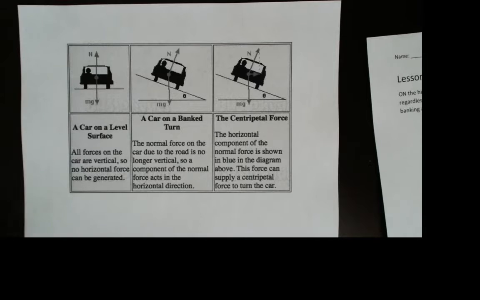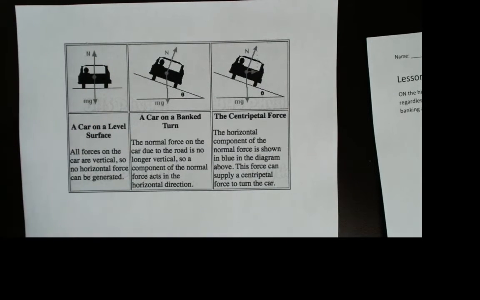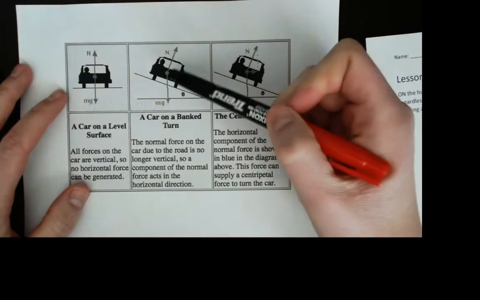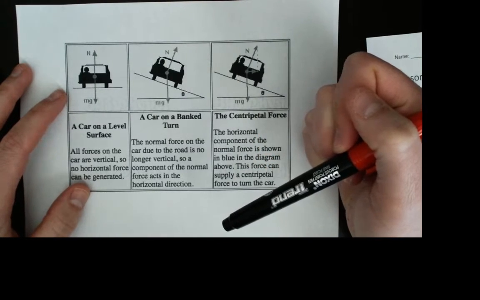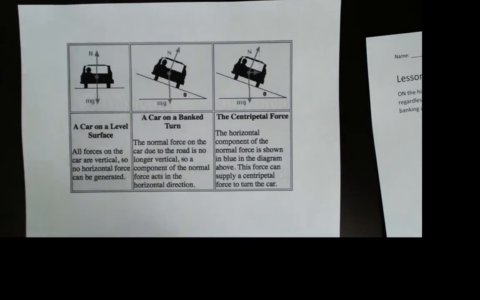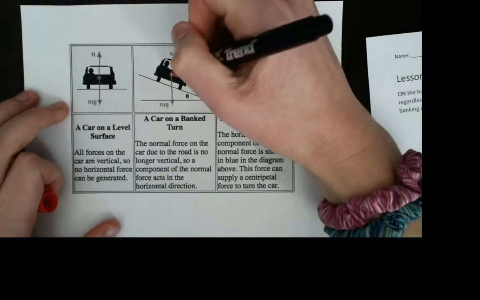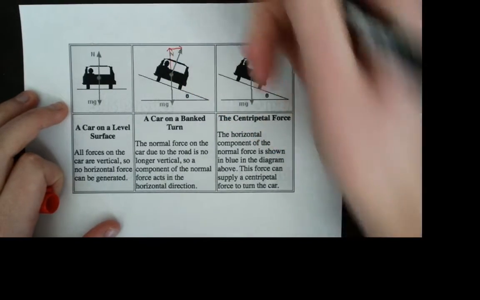If you have the car on a banked turn, however, the normal force is no longer vertical. The normal force is perpendicular to the surface of the road. So there actually is a vertical and a horizontal component to that normal force. We'll have the y component and the x component.